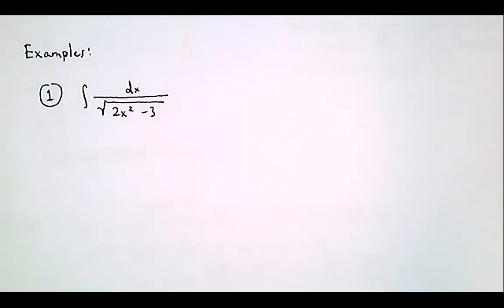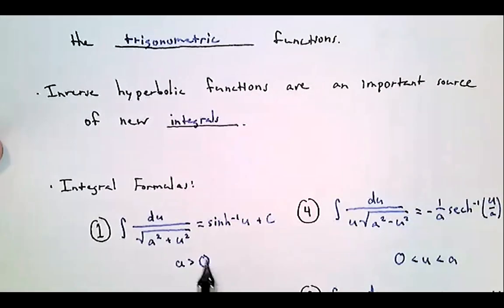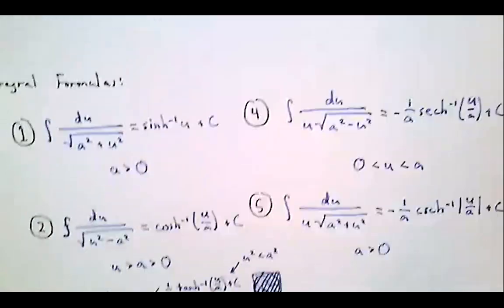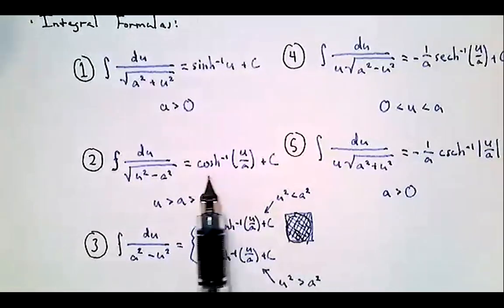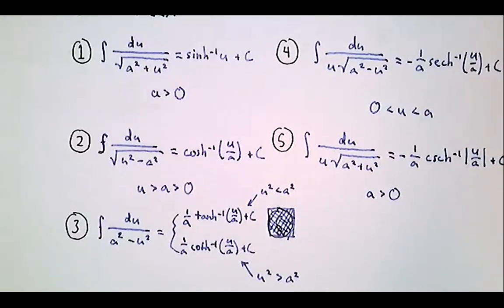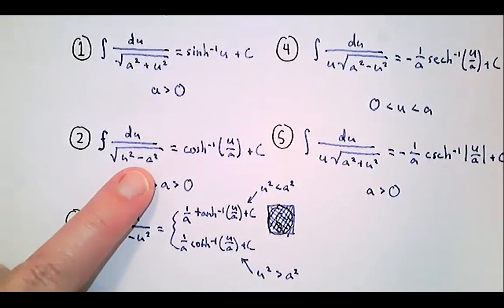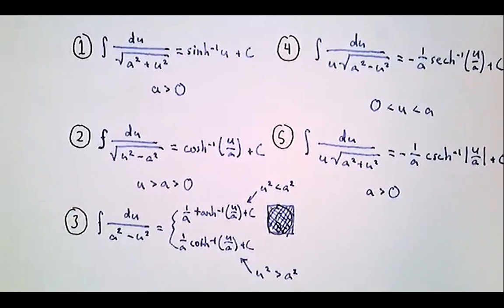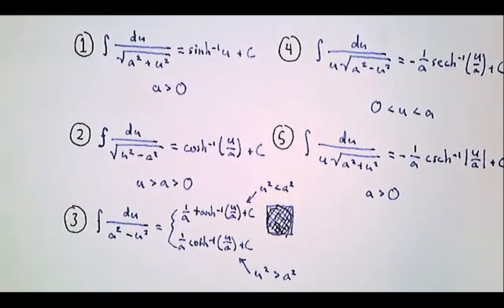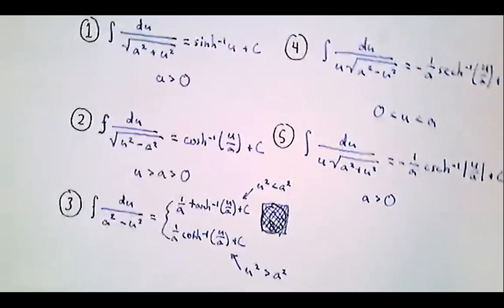This one is actually going to be like this rule. I pointed to the wrong one. This rule here, where we have a function squared minus a constant squared. So it's a cosh, a hyperbolic cosine.